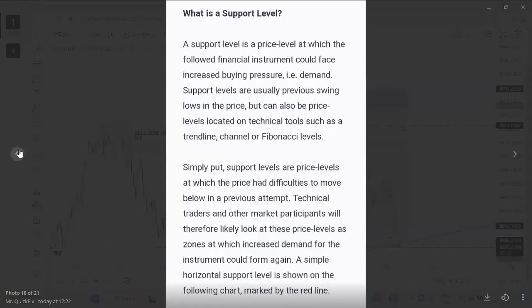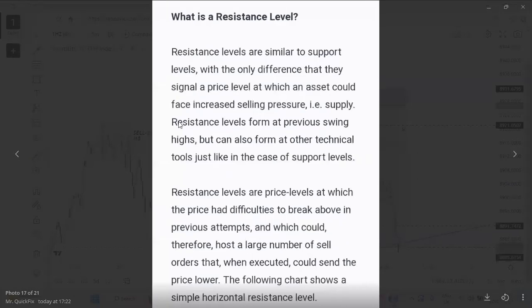Let's see. Open. What is this? This one for me.